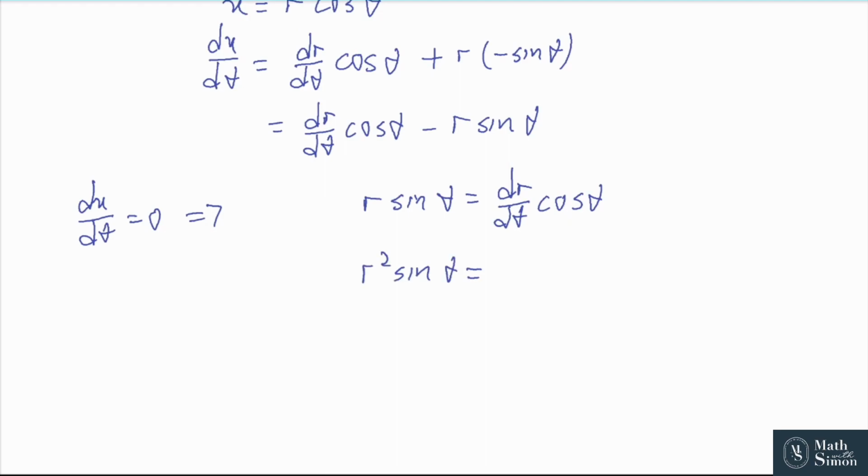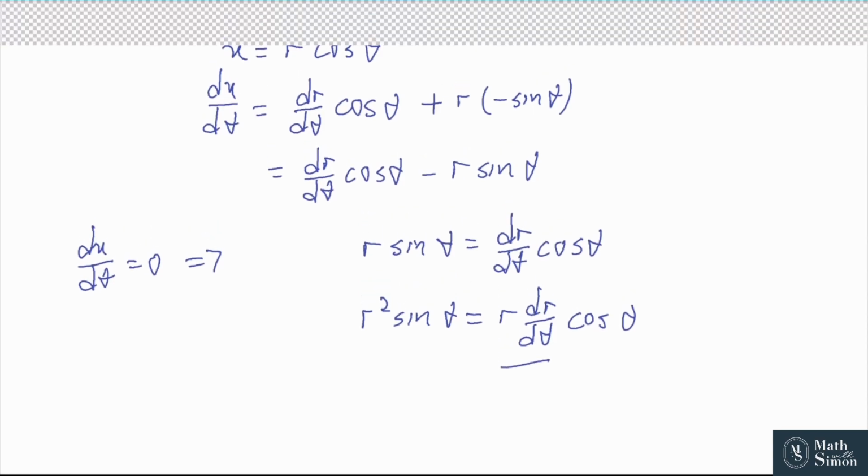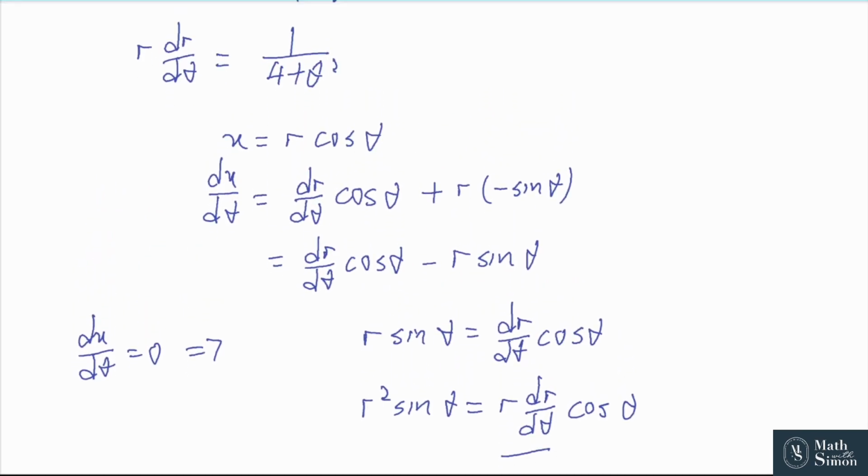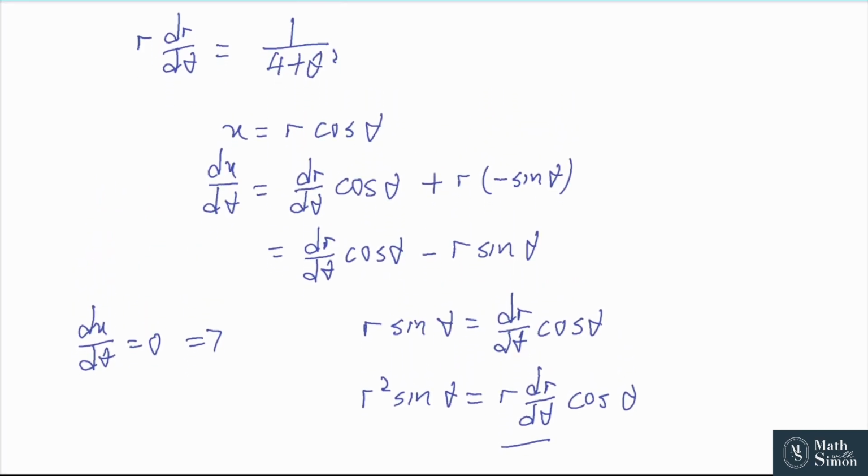The reason is that when we multiply the whole equation by r, all the expressions we found earlier are there. r squared comes from our equation of the polar curve. r dr d theta is also something we found earlier, at the top of this page. So everything is conveniently there for us.